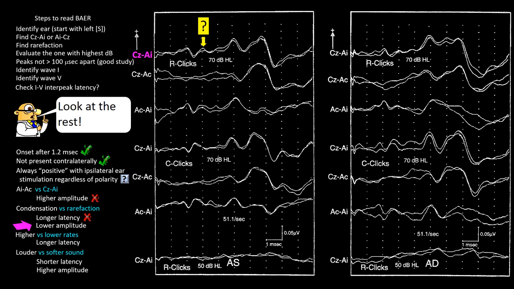This item is consistent with the candidate wave being the real wave 1. Next, we ask ourselves if at higher rates the latency is longer. But as you can see, only one rate of stimulation was used in this patient. So this item has to be placed in the unknown column.